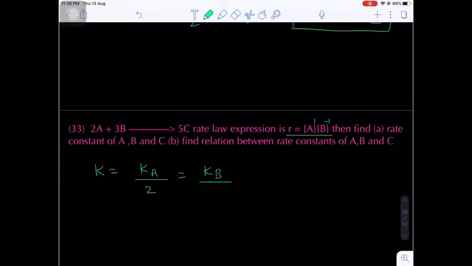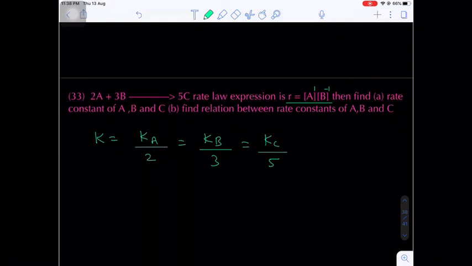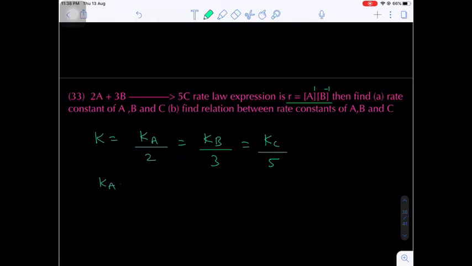Now the second reactant B, the stoichiometry will be 3, so Kb by 3, and one more product will be there, C. The product C rate constant Kc divided by stoichiometry will be 5. Are you getting my point? That means finally, what is the individual rate constant with respect to A?